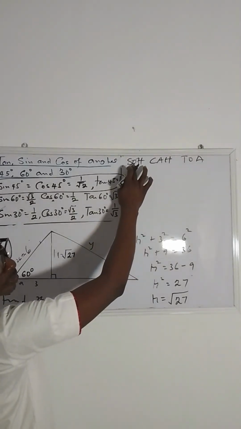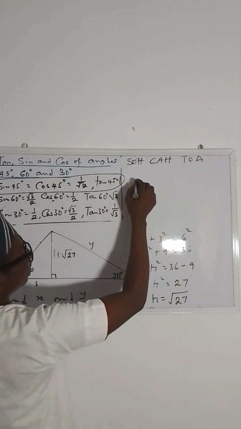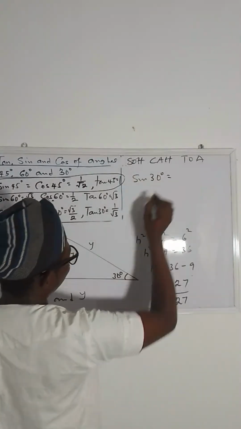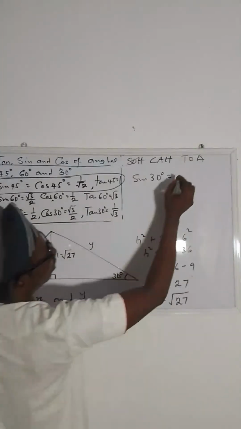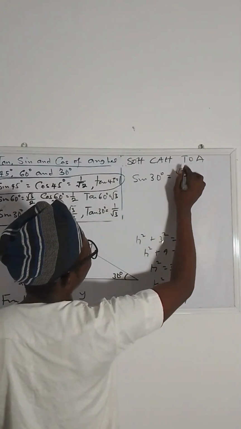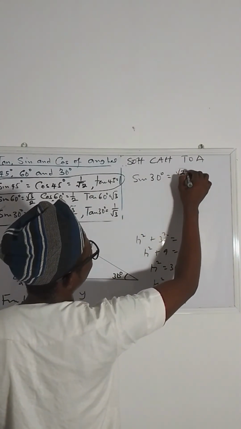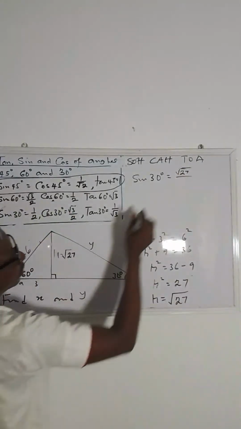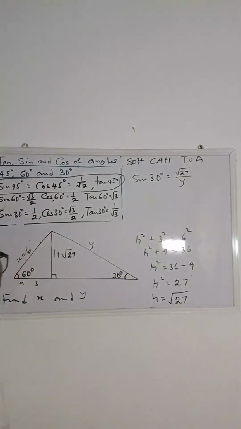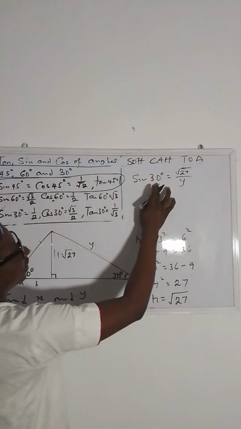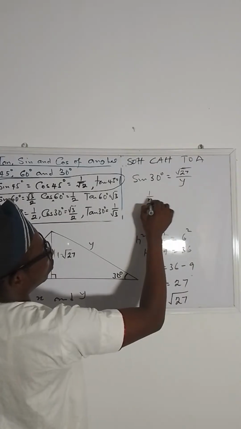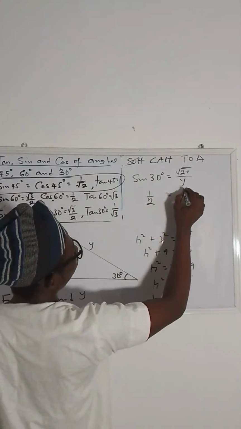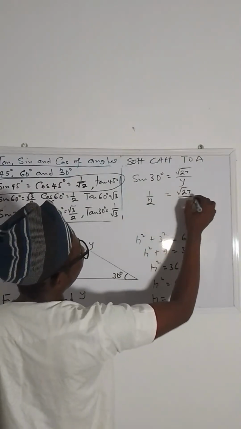Opposite and hypotenuse is sine. I have sine 30 degrees equals opposite, which is the square root of 27, over hypotenuse, that is y. Sine 30 is 1 over 2, so 1 over 2 equals the square root of 27 over y.